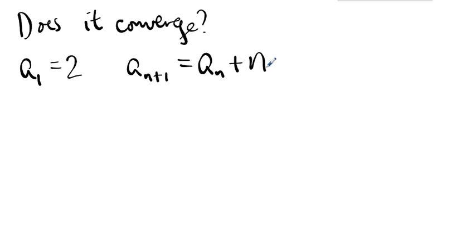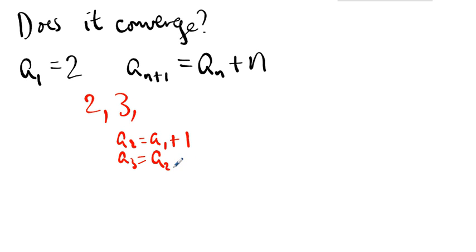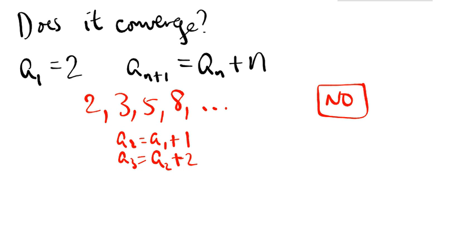Well, let's just get a sense of what the sequence looks like. First term is 2, and then a sub 2 is a sub 1 plus 1. Reasonable. And a sub 3 is a sub 2 plus 2. Reasonable. And so you have this sequence right here. Does this sequence converge? I don't think this sequence converges.